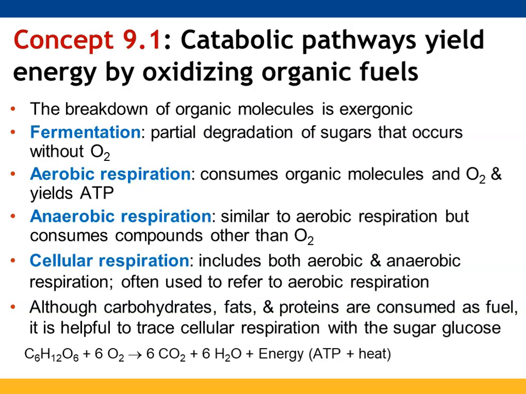And respiration as a whole is both aerobic and anaerobic. We're going to be talking about aerobic respiration, which is what our cells do primarily. And then fermentation would occur in your anaerobes, those that do not need oxygen, or at times in our cells when we don't have enough oxygen to be able to use aerobic respiration as our primary energy source.